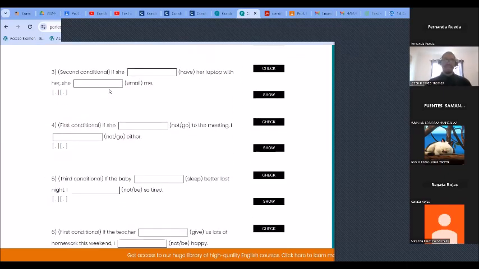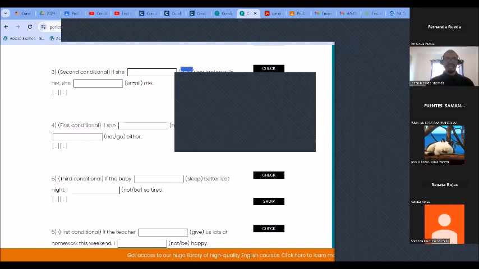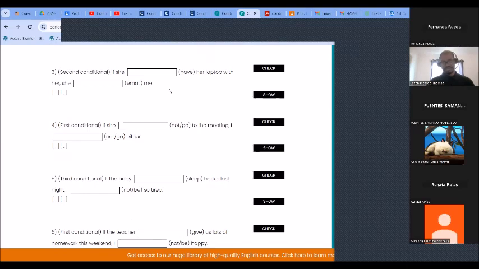Fernanda, number 1. If this is a second conditional sentence, what do I need to complete it? My verbs are have and email. Let's practice the structure.